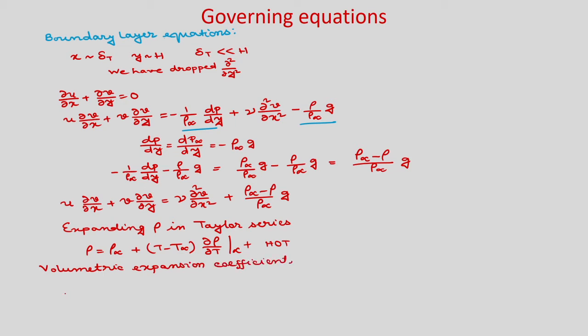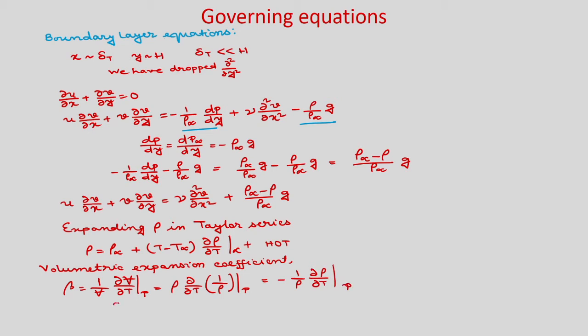You can write beta is equal to 1 by volume del V by del T, where V is the volume at constant pressure. In terms of density, it will be minus 1 by rho del rho by del T at constant pressure.